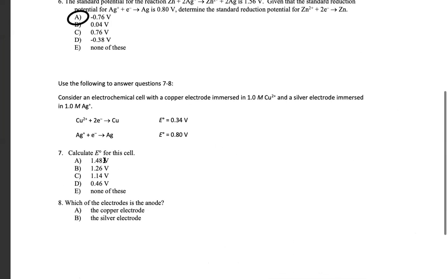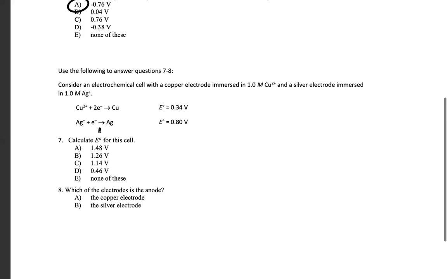Question 7. Consider an electrochemical cell with a copper electrode immersed in 1 molar copper and a silver electrode immersed in 1 molar silver. Calculate E0 for this cell. Remember, E0 for the cell is the cathode minus the anode. So we need to find out which one's the cathode and which one's the anode.